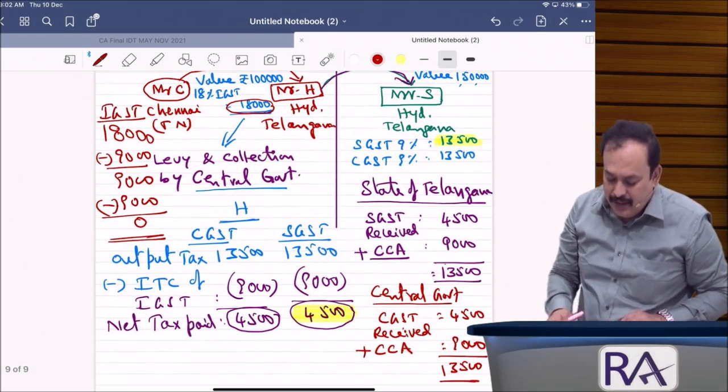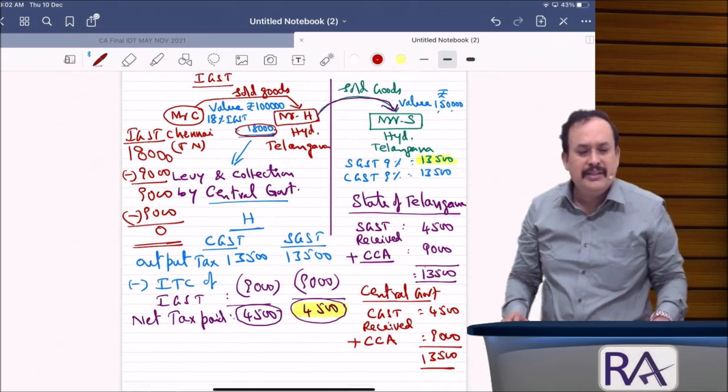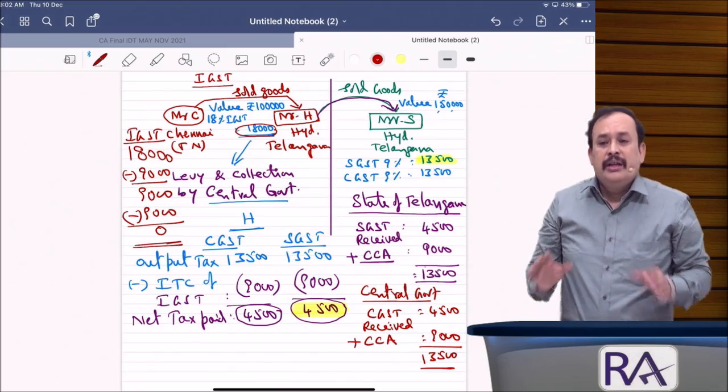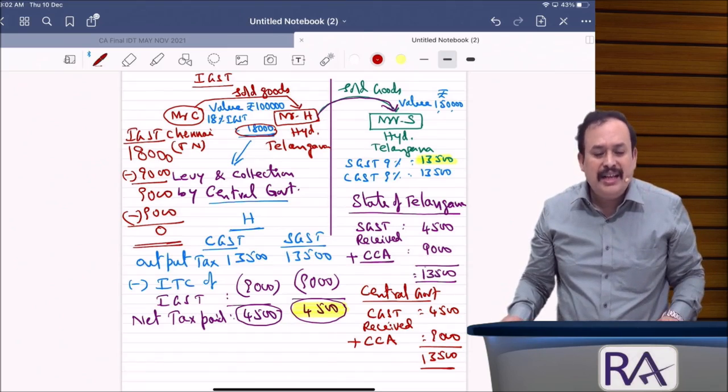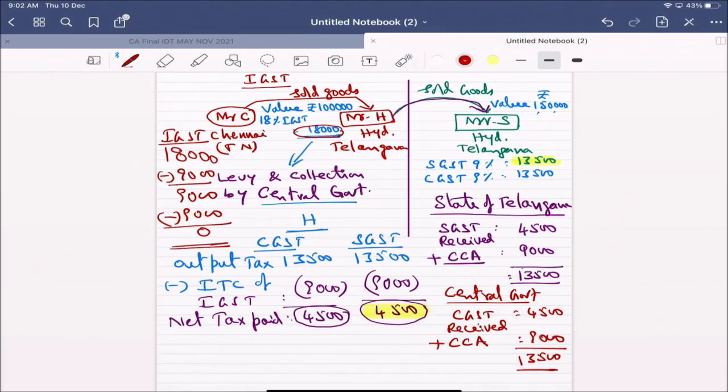Repeating again, don't worry. My dear sir, here if you refer carefully, in the given scenario, 18,000 rupees was originally collected by the government in the name of IGST. And subsequent sale took place where H paid to the department state SGST 4,500, CGST 4,500.